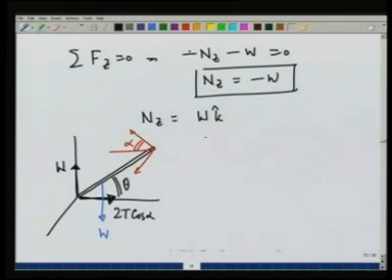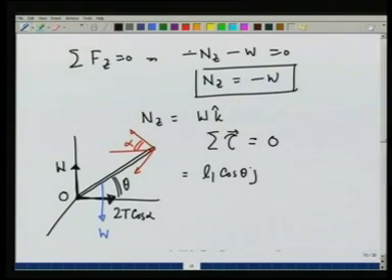Let us now take the condition summation tau is equal to 0. To calculate tau, let us take the origin to be at the origin of the x y z system O. So, that this comes out to be L1 cosine of theta j plus L1 sine of theta k, that is when L1 is this distance.